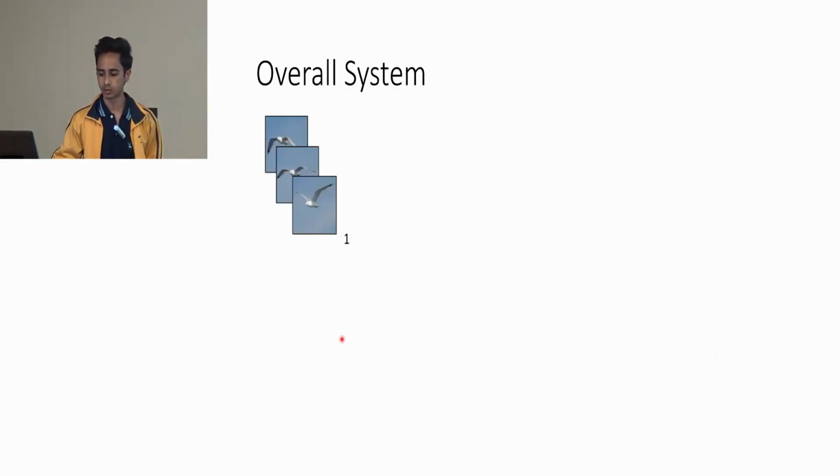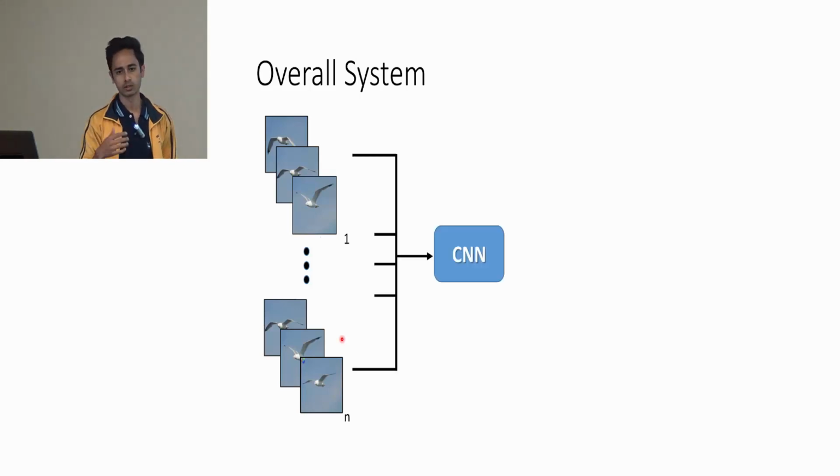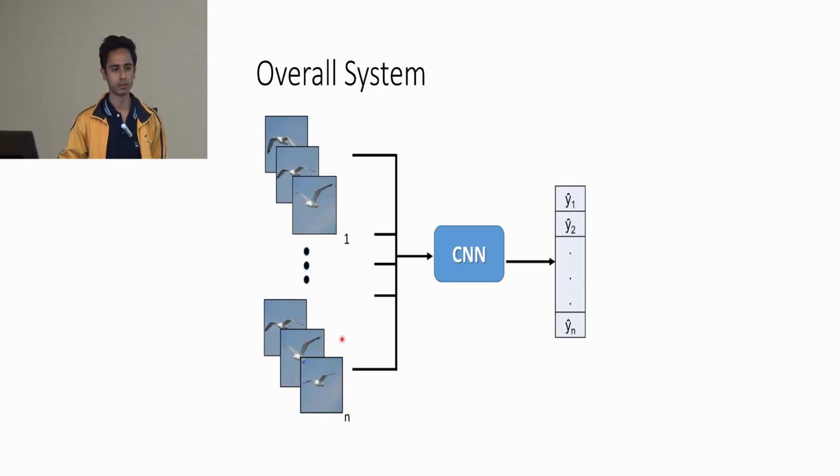So for the overall system, they take a sequence of 20 frames. This sequence is sampled at a fixed interval, so they skip a fixed number of frames in between. And for the entire video, they take such 20 frame sequences using a sliding window. Once they have these 20 frame sequences, they pass each one individually to the convolution neural network, and the network will give them a prediction of the cycle length.